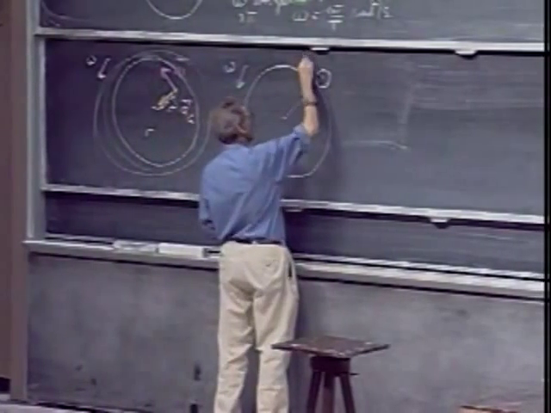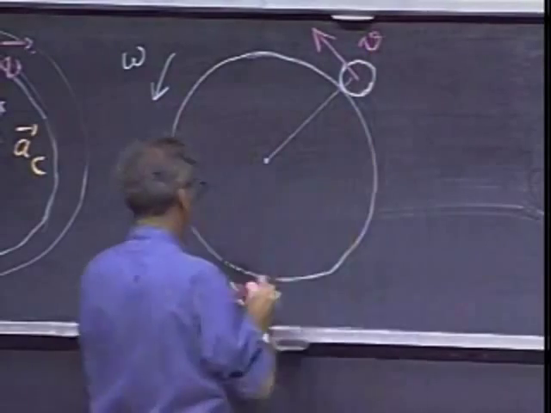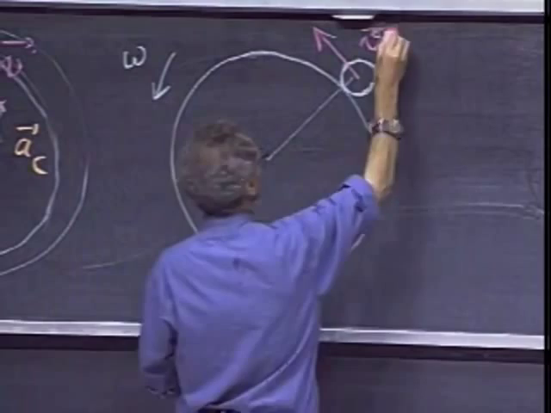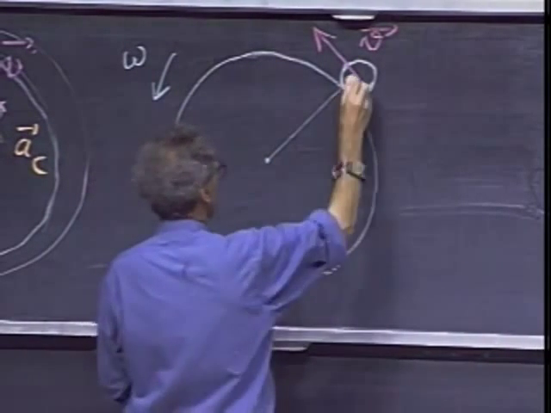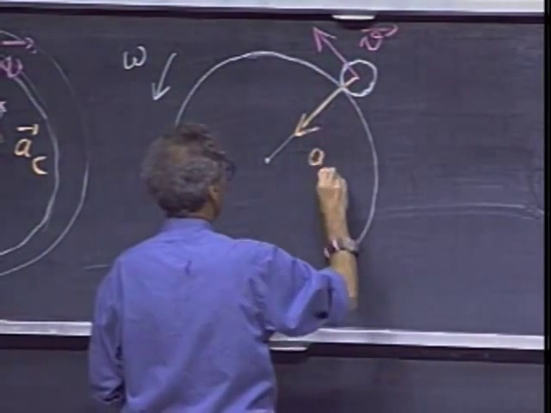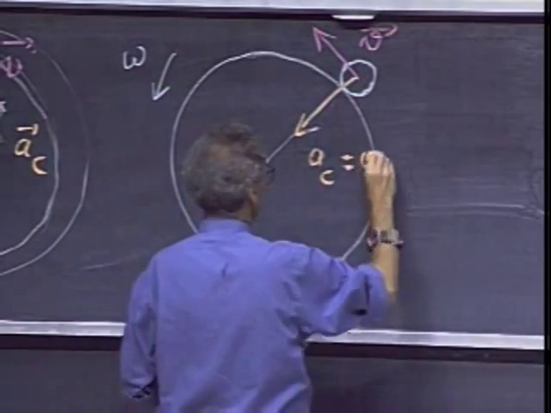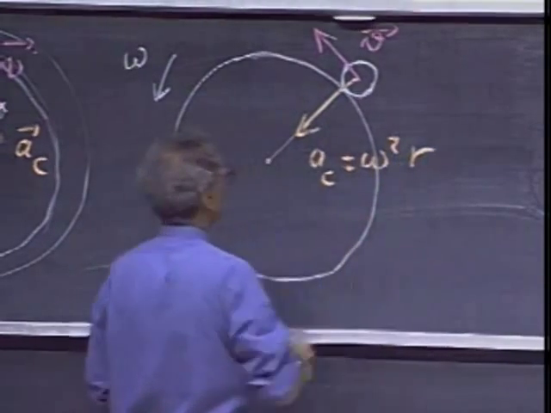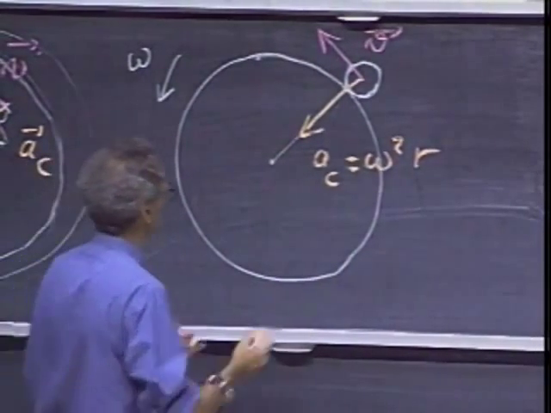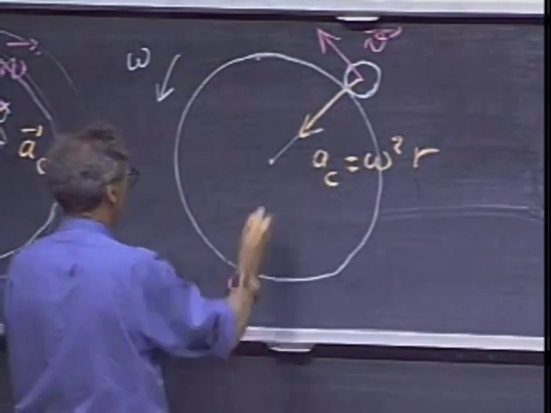At one moment in time this has a velocity, like so, and therefore there must be non-negotiable centripetal acceleration, which in magnitude is omega squared r, or if you want, v squared divided by r.